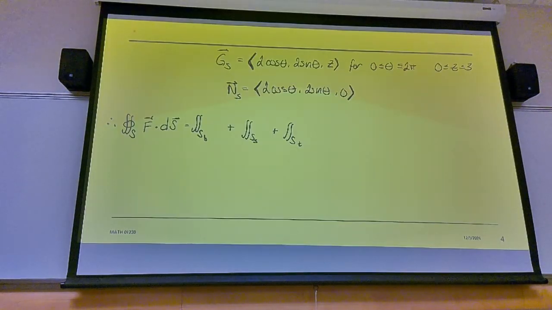It's going to be the flux through the bottom, plus the flux through the side, plus the flux through the top. This is going to be a pain. So, double integral over the domain of the bottom.